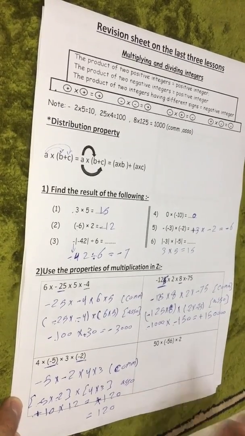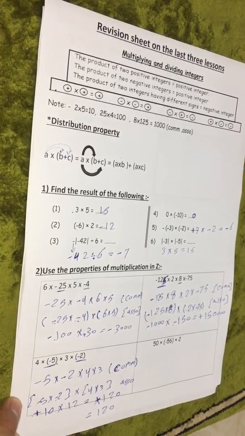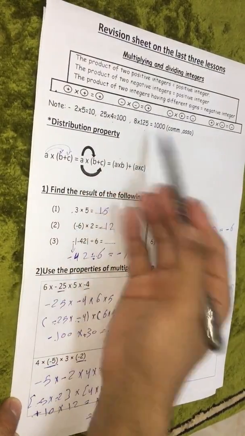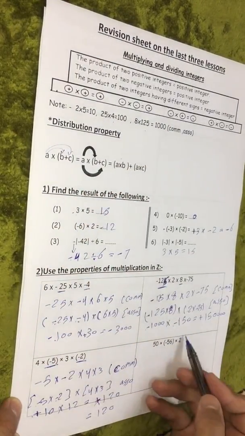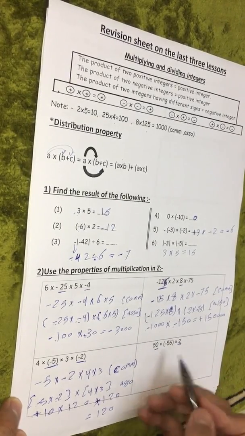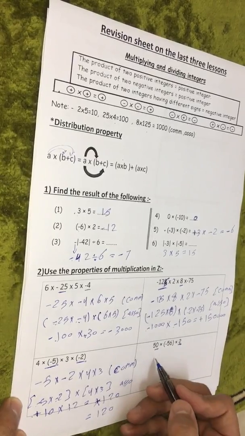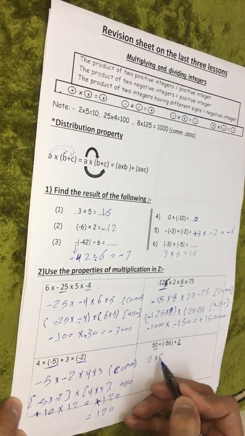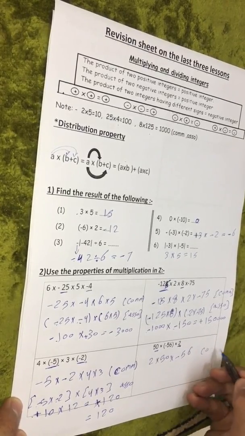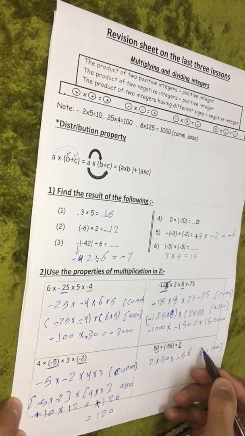Next question. There is no 2 by 5, 25 by 4, 8 by 125 here. What are you doing? But if you look carefully, you will find 2 and 50. You can multiply them: 2 by 50 by negative 56. Now you use the commutative property.